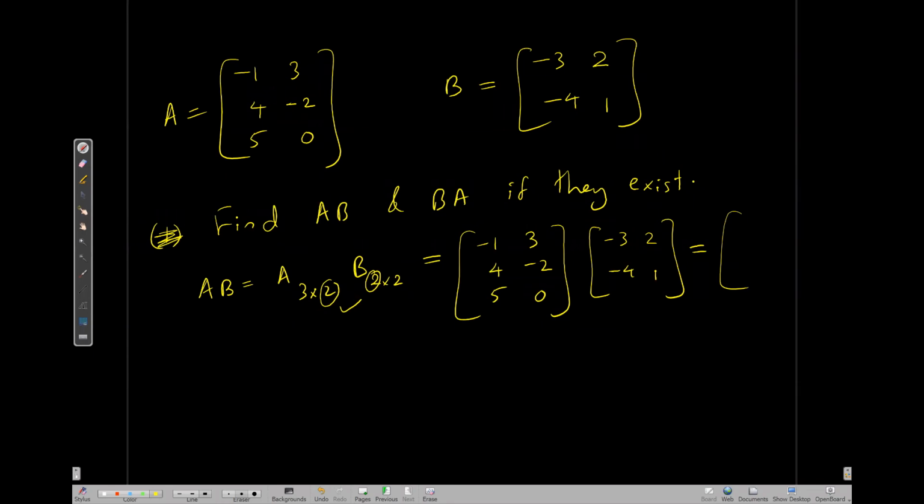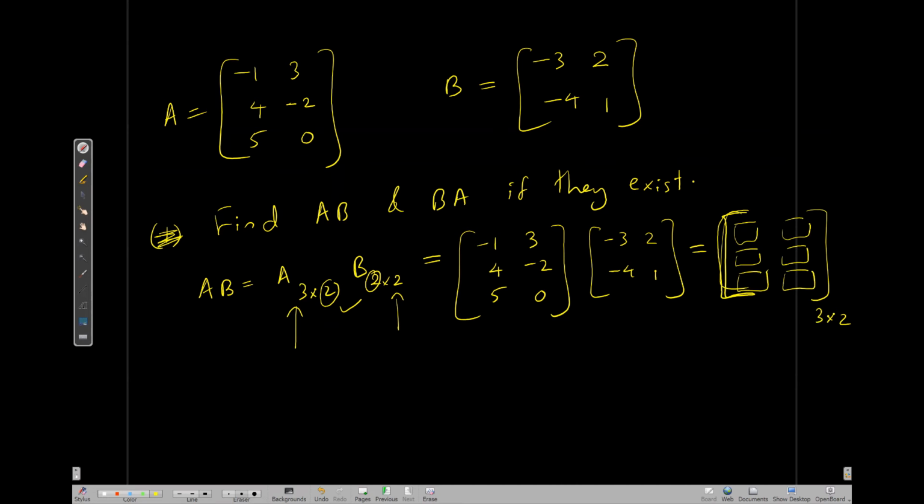So the resulting matrix is 3 by 2. So open a matrix, so you can put 3 rows and 2 columns, so 3 by 2. So 3 rows, 2 columns, so 6 entries. These are the places.